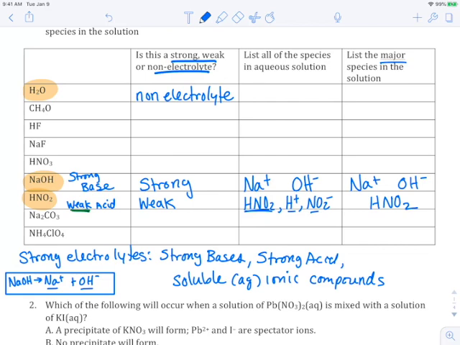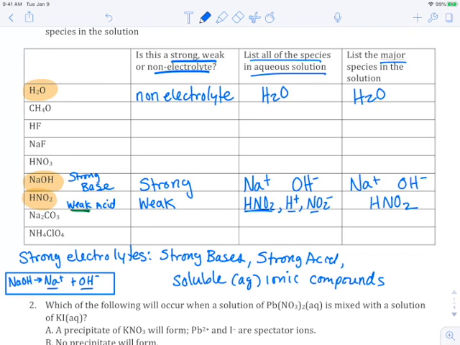All right, so what is swimming around in solution for water? What is the list of all the species in solution? What are we going to put for that? Correct, just H2O, because that's all it is. It's not going to break up. Therefore, the major species is also H2O. So that's what we're going to see for all non-electrolytes.